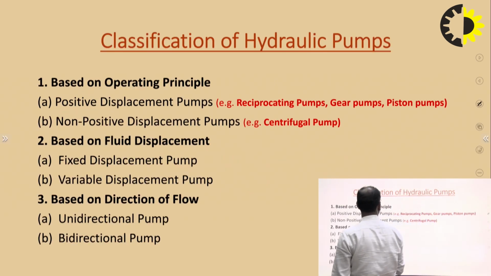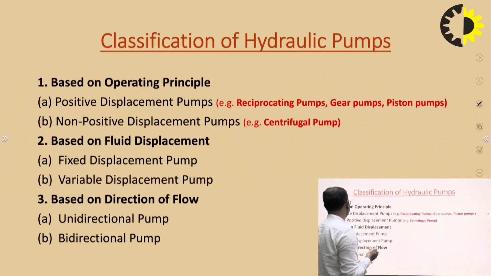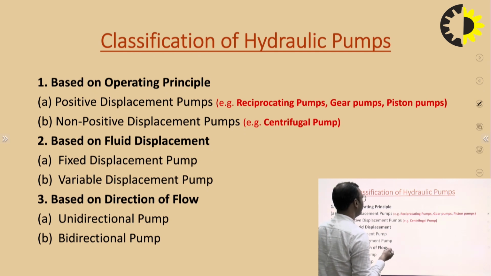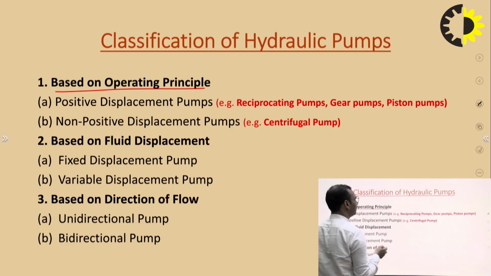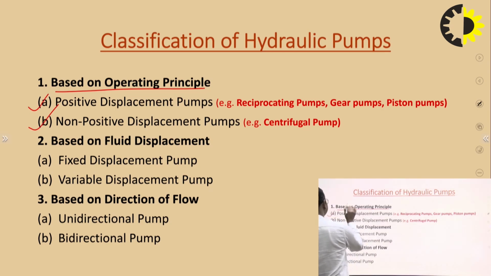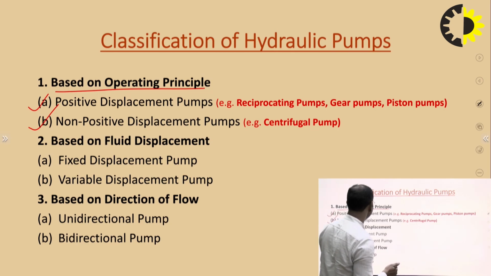Then what is the classification of hydraulic pumps? Basically, hydraulic pumps are classified based on three parameters. The first is based on operating principle. Based on operating principle, hydraulic pumps are classified as positive displacement pump and non-positive displacement pump. What is a positive displacement pump?